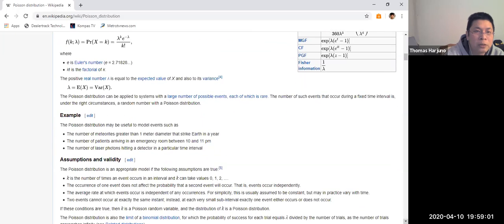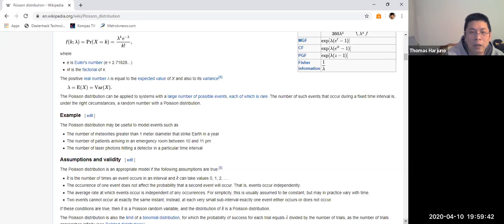Now, examples where this is used: the number of meteorites greater than 1 meter in diameter that strike Earth in a year, the number of patients arriving in an emergency room between 10 and 11 o'clock at night, the number of laser photons hitting a detector in a particular interval or area. If you read our book, from my example, you see we use this Poisson distribution for the number of arrivals in a store. You can also use that for the number of arrivals in a bank.